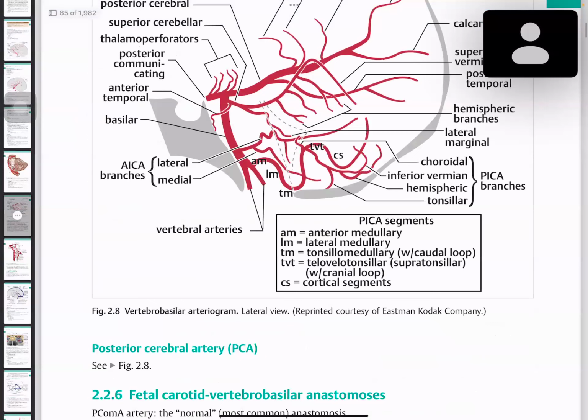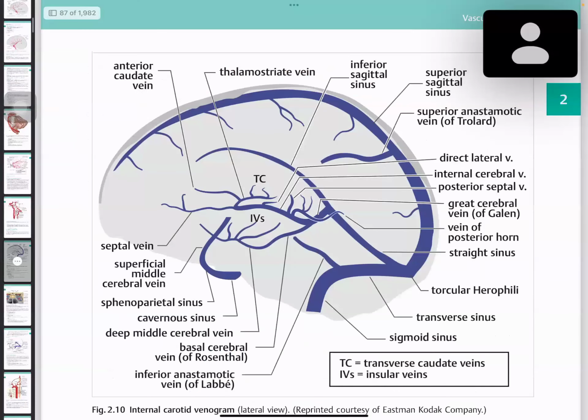Okay. Now, if we want to talk about the supratentorial drainage of the brain, it is made up of different groups of drainage systems. We have the superior sagittal group.